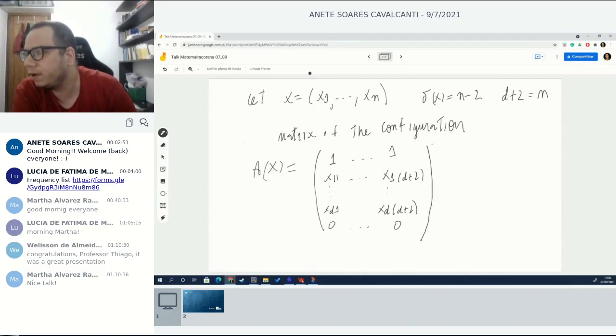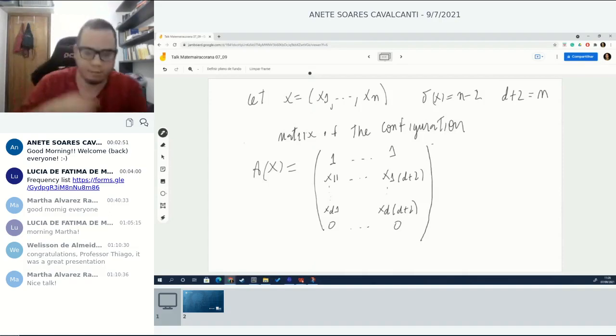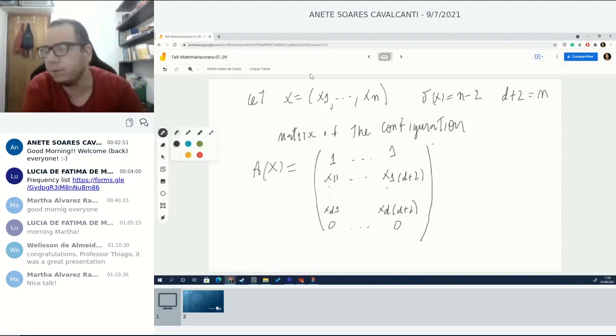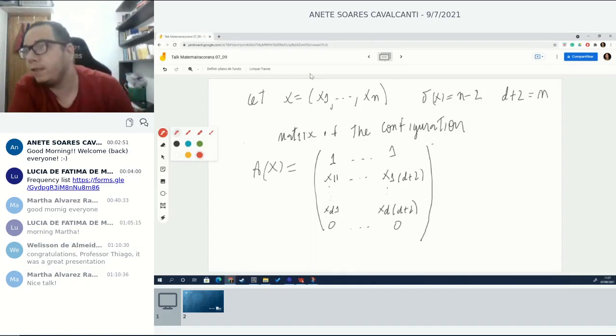Then we write the matrix of the configuration. Okay.